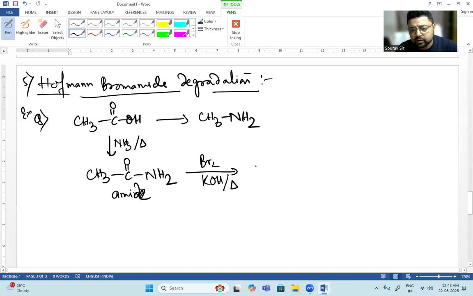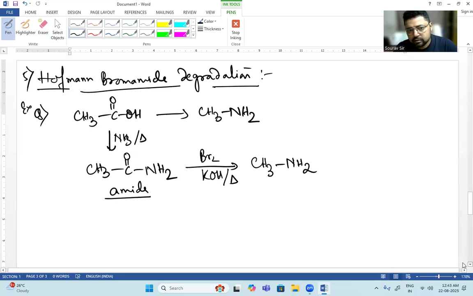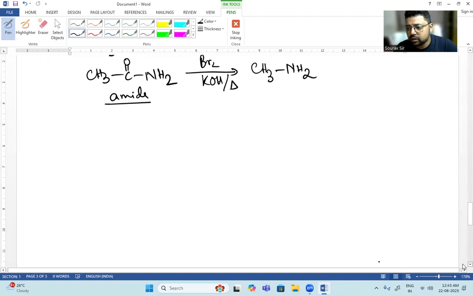And what will happen from here is that we will get CH3NH2. The CO will move out from the system. It will form carbon dioxide, obviously. So this is descent of series. We are going down one carbon.